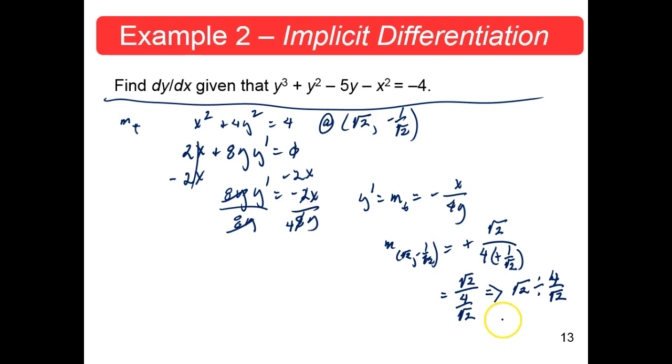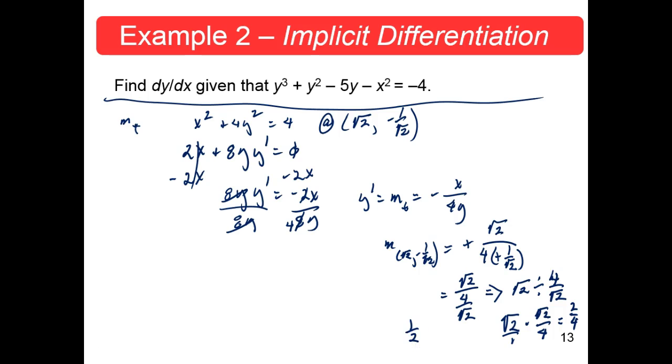Which is the same as root 2 times root 2 over 4, which indeed does exactly what he said. Root 2 times root 2 is? 2, exactly. Over 4 is? 1/2. There's the slope at that point.